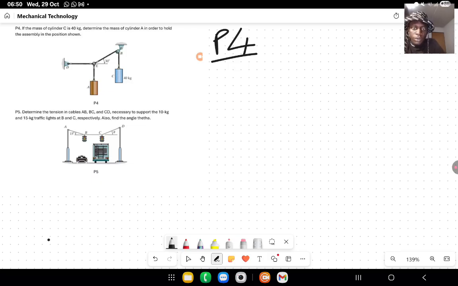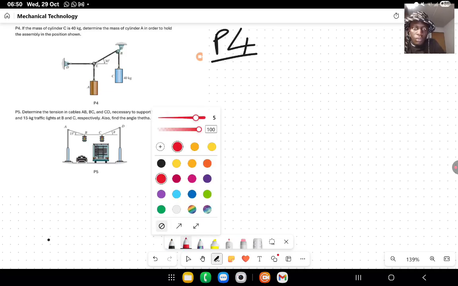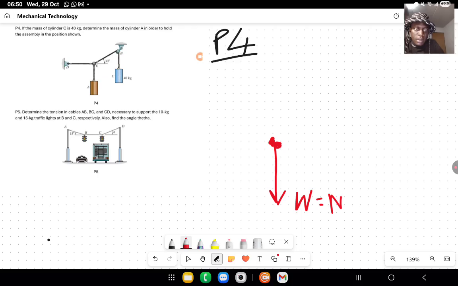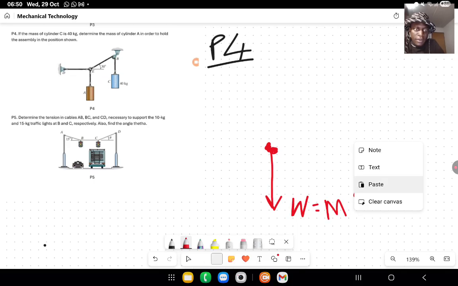When I draw, let me increase this, it will be like we have a weight. A weight is equal to mass multiplied by gravity.